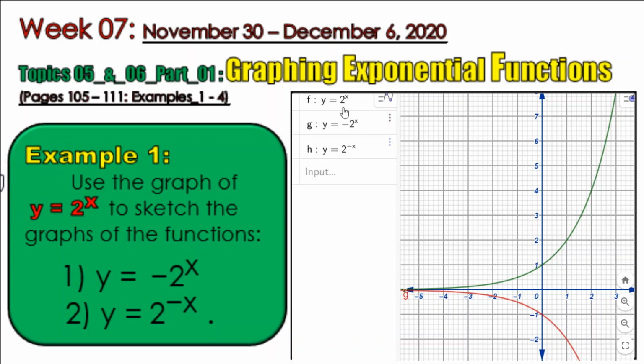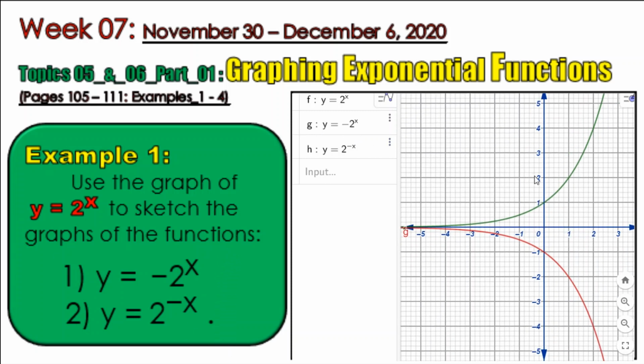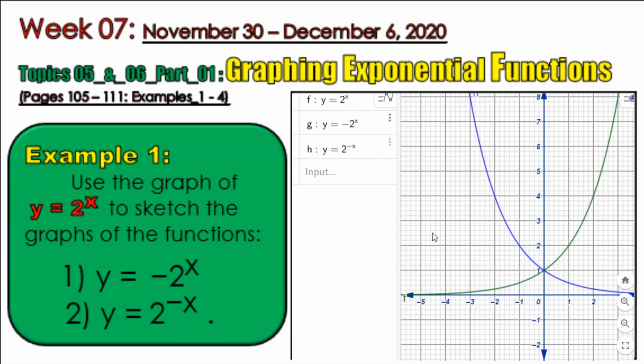I would like to emphasize that for the first pair, we have positive 2 and negative 2 as our bases, and these are the graphs. And for the second pair of the functions, we have the same base 2, and our exponents are positive x and negative x, and these are the graphs.